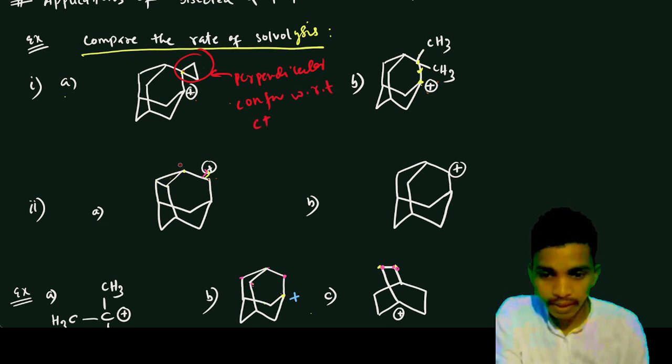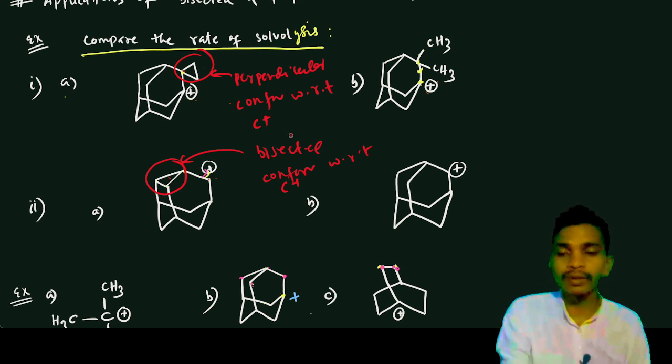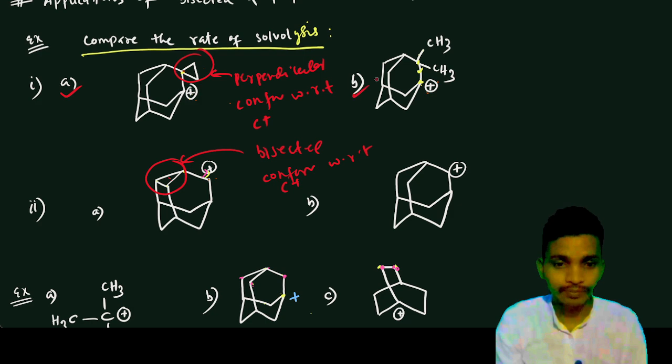But here you see that this cyclopropyl ring is inside this whole ring. So this type of ring is the bisected conformation with respect to carbocations. So now they ask which carbocation is more stable between A and B. So the stability of carbocations here.